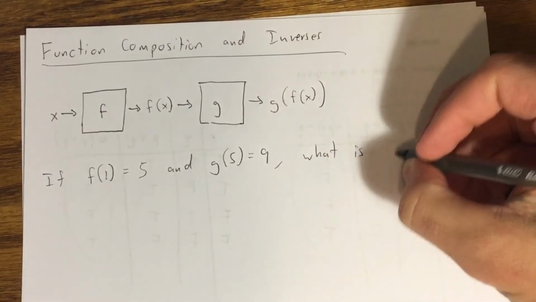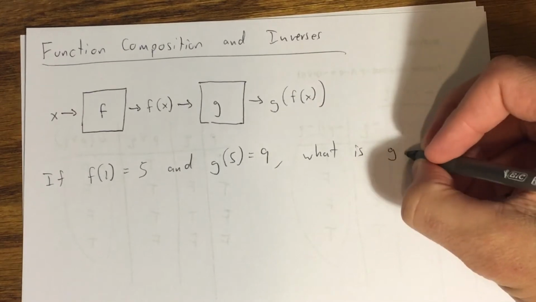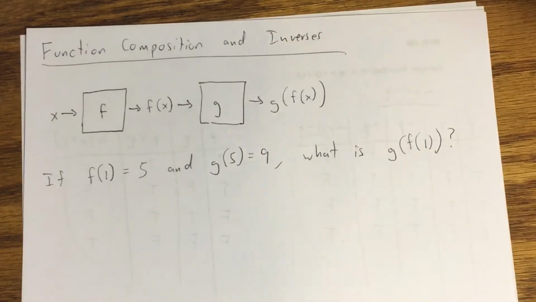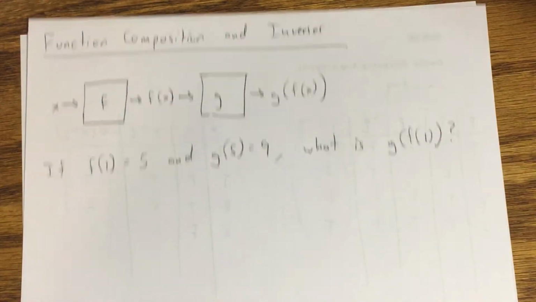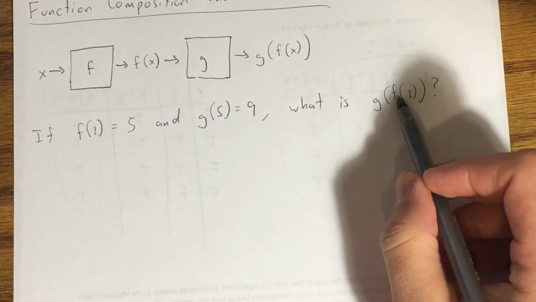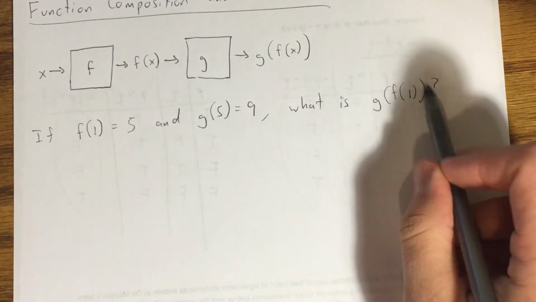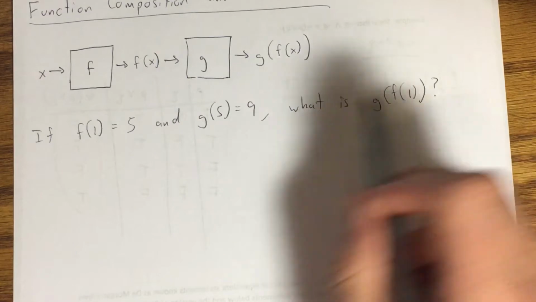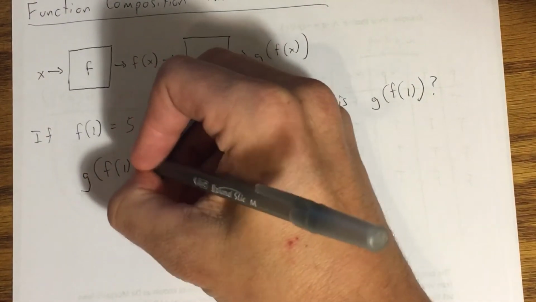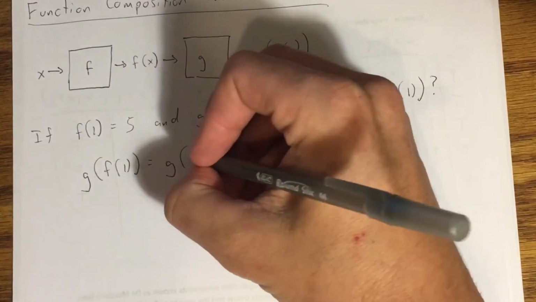What is g of f of 1? The way we do function composition in this form is we think of working from the inside out. Well, f of 1 is on the inside of these outer parentheses right here, and f of 1 we're told is equal to 5. So g of f of 1 is equal to g of 5.